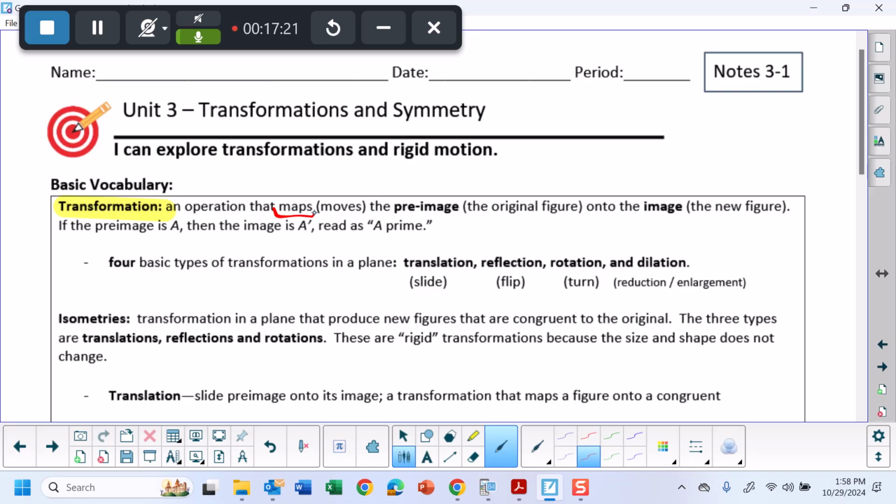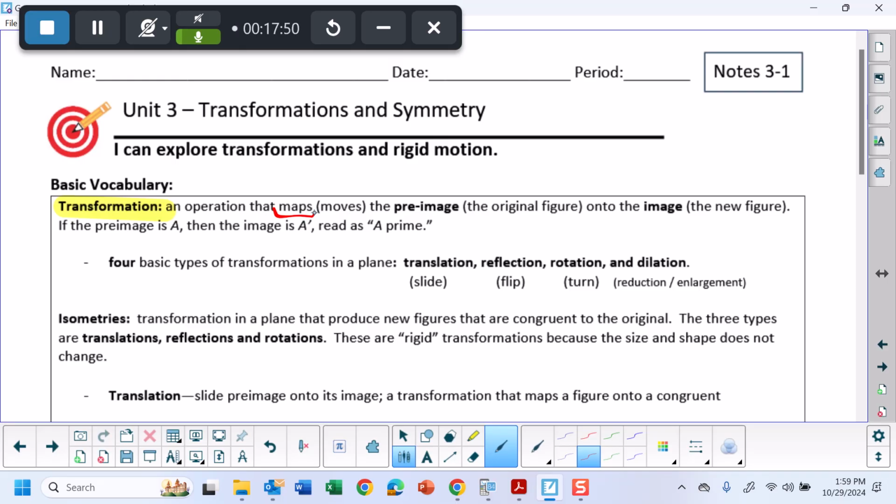Now, if he's looking at it tilted, he can see the difference. But if you talk about your own hand, if you put one hand forward and one hand backward, your one hand maps onto the other one. So that motion of mapping means sliding and moving it to the point of where one covers up the other. That's that definition. What does it mean to map onto one another? You've moved it so they match up perfectly.